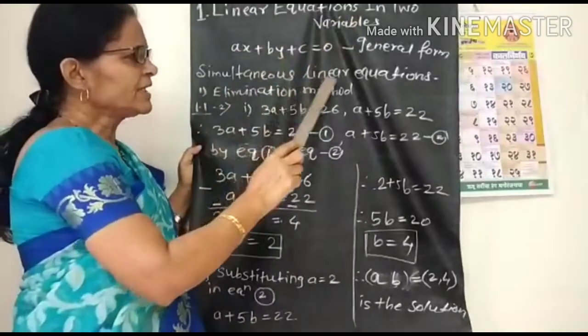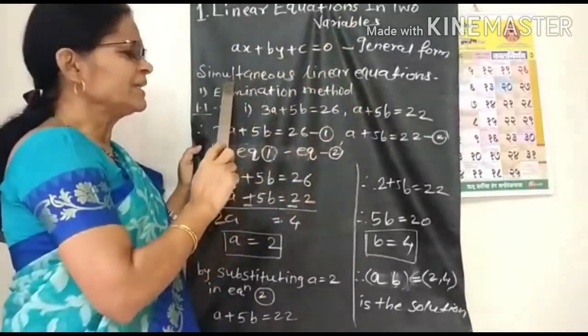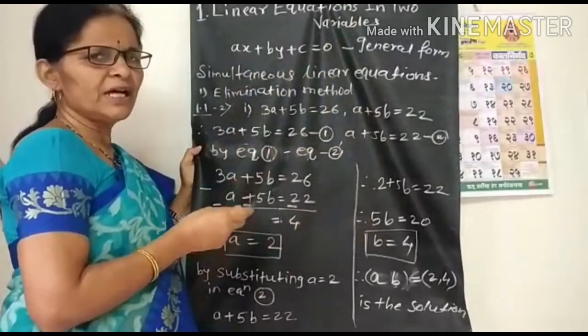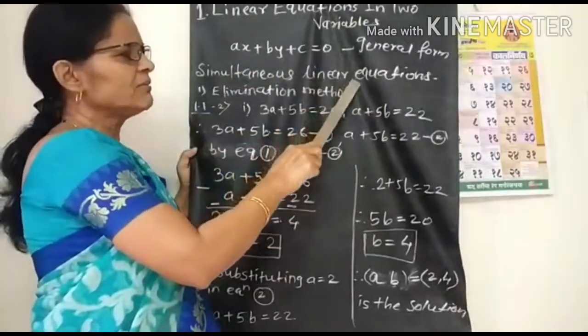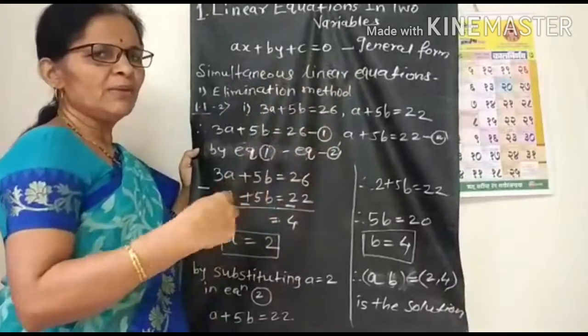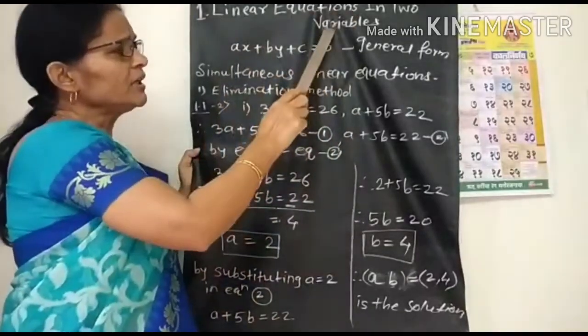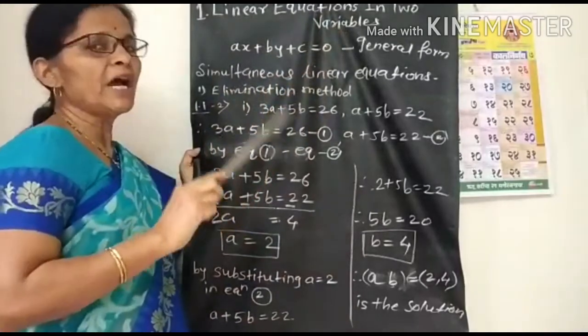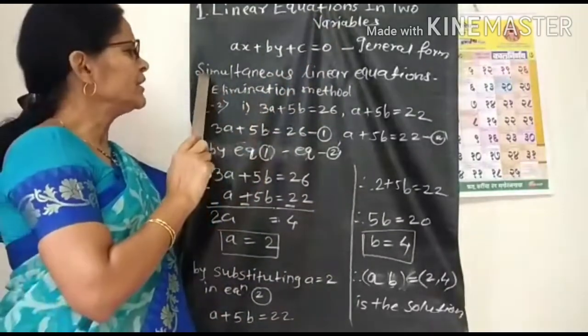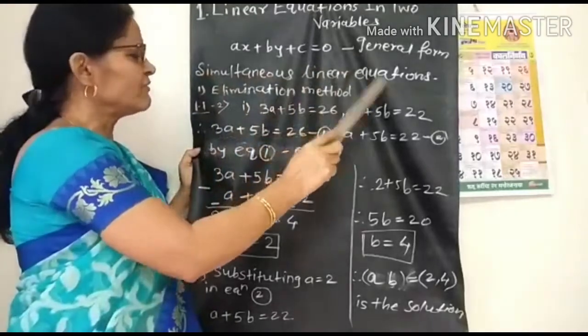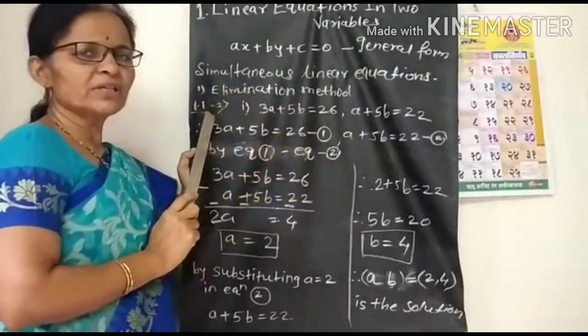What is simultaneous linear equation? Simultaneous means at the same time, common. When we consider two linear equations in two variables at the same time, then we call them as simultaneous linear equations. And how these equations are solved?